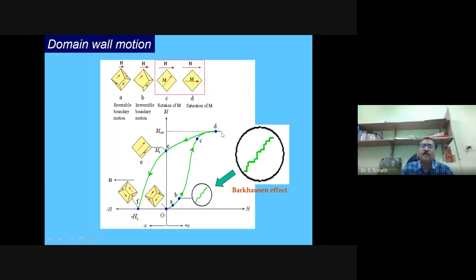Now when you are decreasing the magnetic field, because the spins are all coupled, they prefer to orient in this direction. So when you are decreasing, the system is not free to rotate along the field direction because of the ferromagnetic coupling this system has. So you need to spend more energy. Even if you decrease the field to 0, there is still a remnant magnetization.